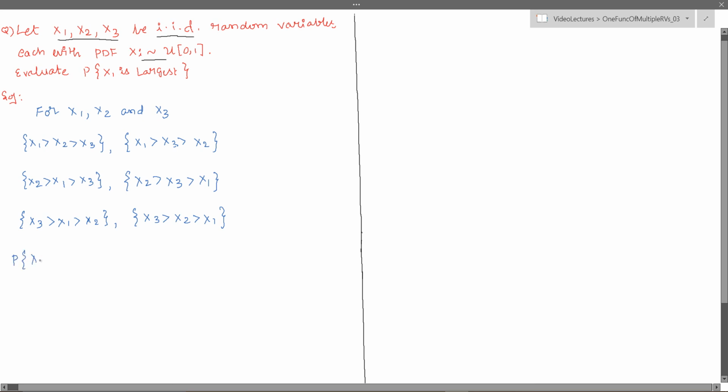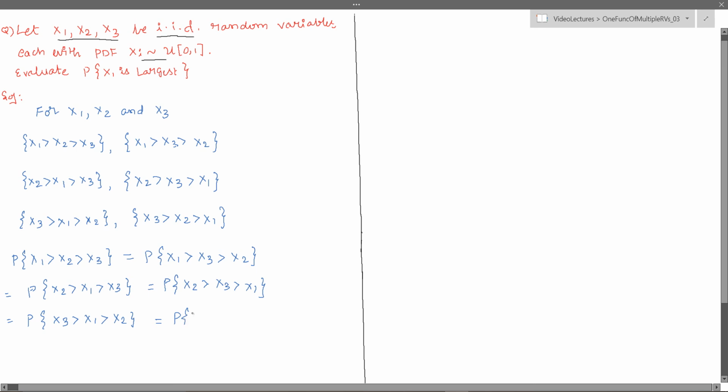So the probability that x1 greater than x2 greater than x3 is the same as the probability that x1 greater than x3 greater than x2, and this is the same as the probability that x2 greater than x1 greater than x3, and this is the same as the probability that x2 greater than x3 greater than x1, and again this is the same as the probability that x3 greater than x1 greater than x2, and this is the same as the probability that x3 greater than x2 greater than x1.